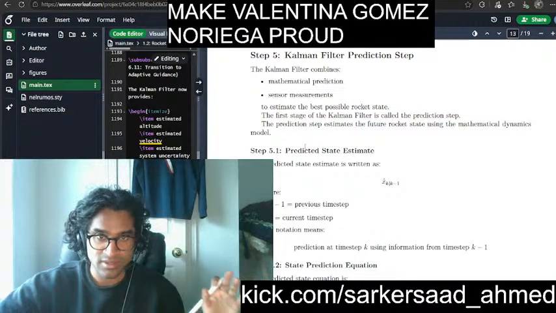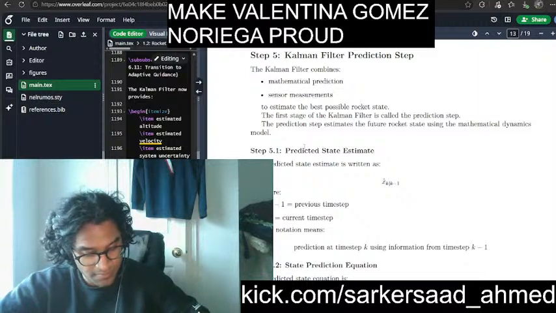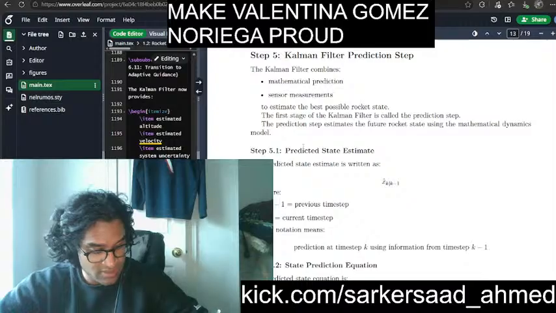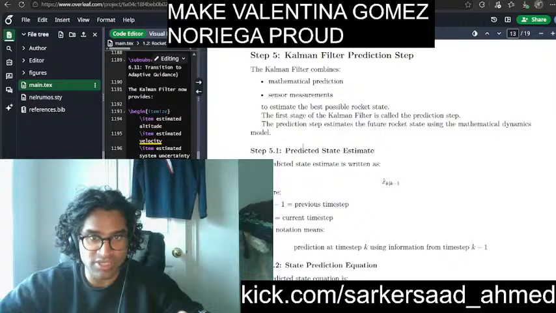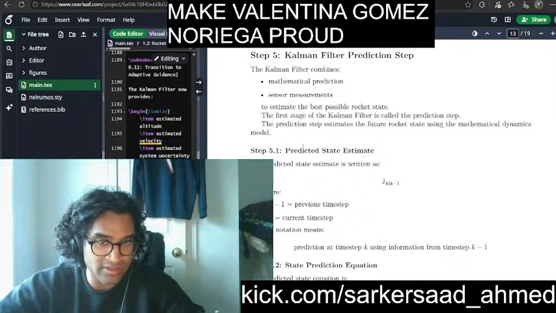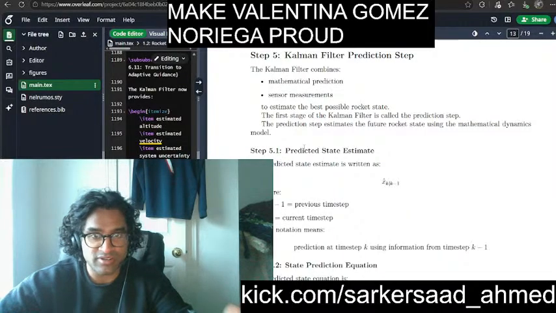Okay. So what does the Kalman filter do? Step 5.1: what does the Kalman filter do? It combines the mathematical prediction with the measurements that the sensor measured to estimate the best possible rocket state.